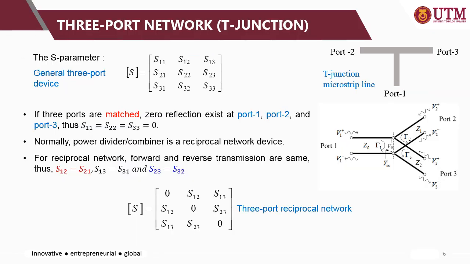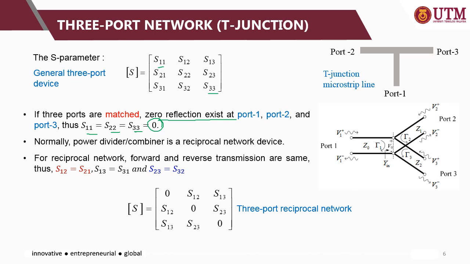Okay, let's look at the first one, the simplest power divider design, which is the T-junction. It is a 3-port network, so the matrix will involve S11 up to S33. If all 3 ports are matched, there is 0 reflection at port 1, port 2 and port 3, therefore S11, S22 and S33 will be equal to 0.